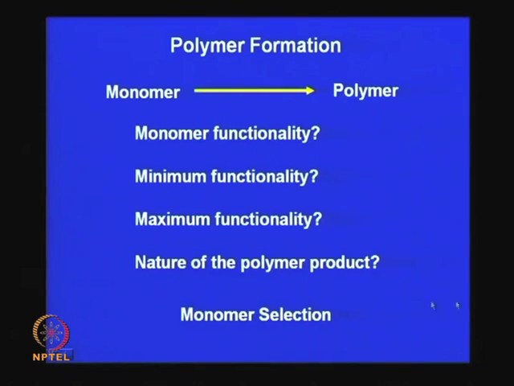If you react glycerol with phthalic anhydride, what will be the nature of the product? What will happen during polymerization? These things will come across gradually and we will see. So, we have to look into the nature of the polymer product. Looking at those points, we have to go for a proper selection of monomer before synthesizing a polymer.